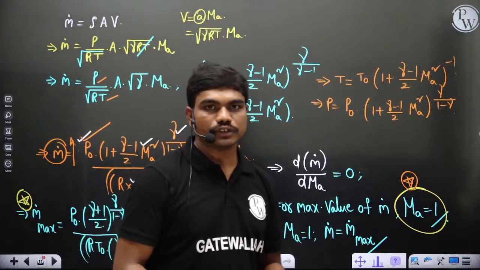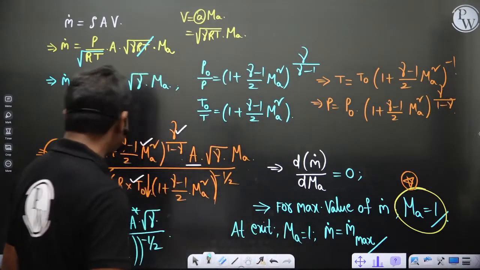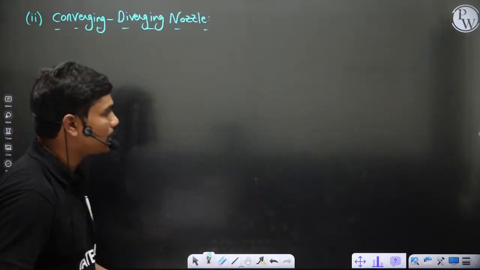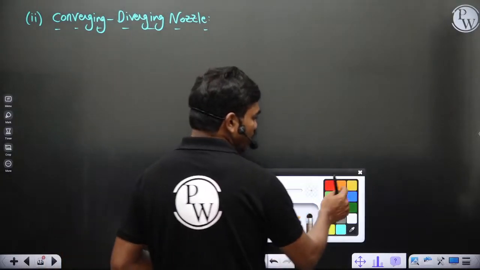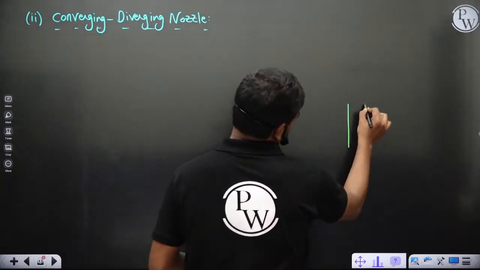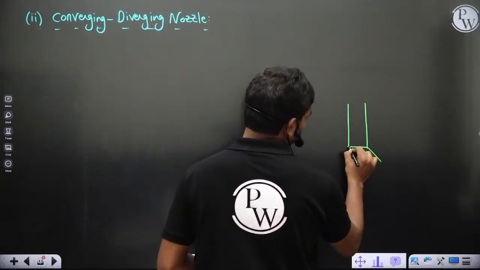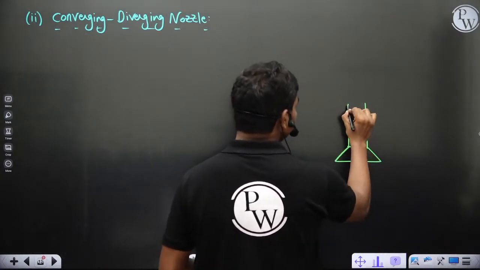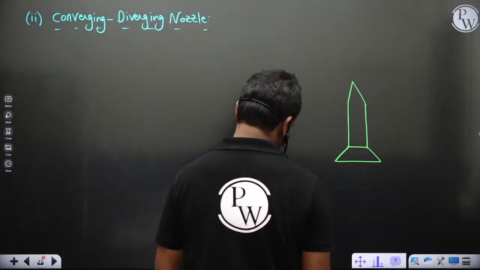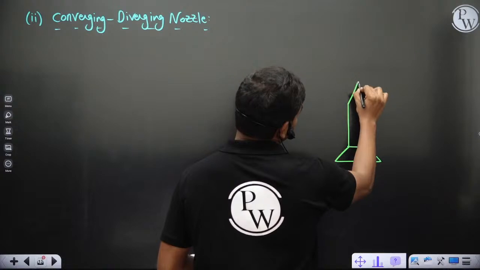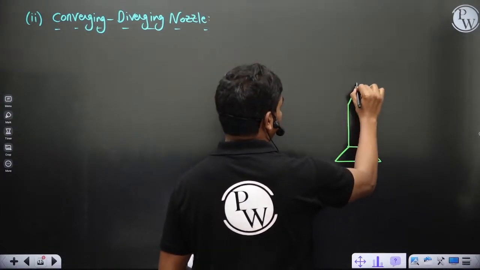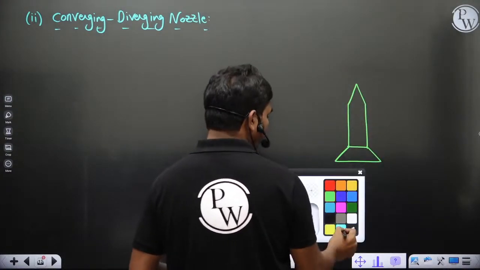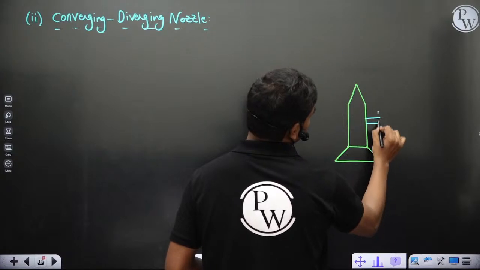Actually, in the case of rockets, this is a very interesting question which people ask in some interviews. Normally if you see a rocket, I'm drawing a rough sketch. You have the side thrusters also maybe.